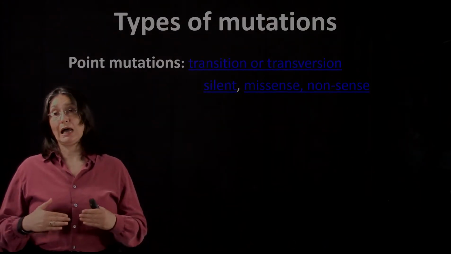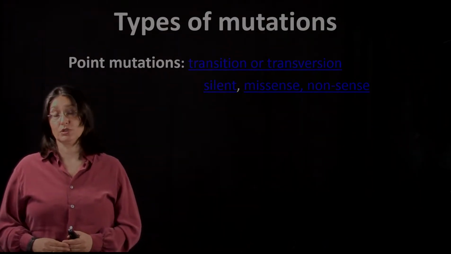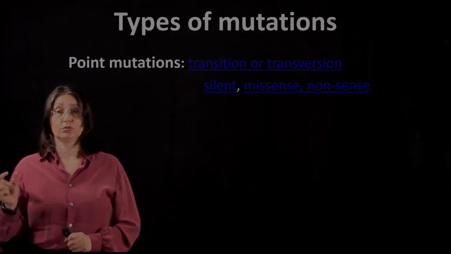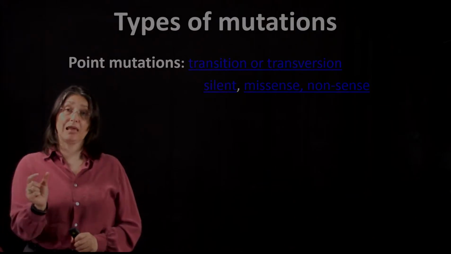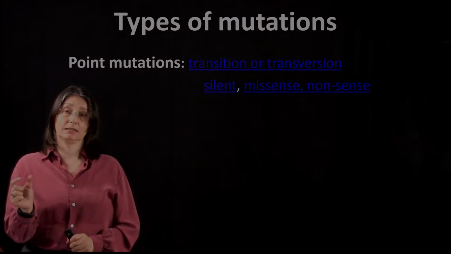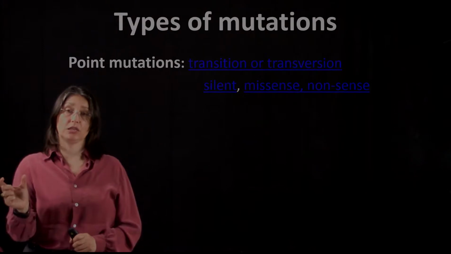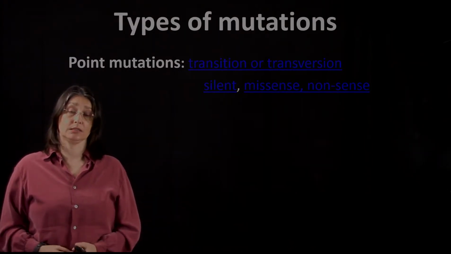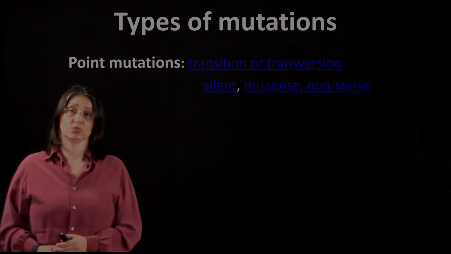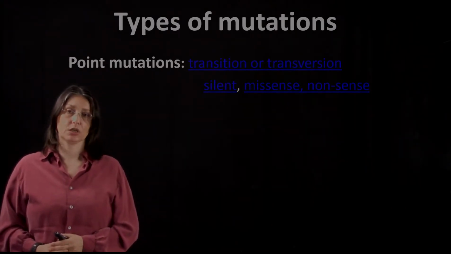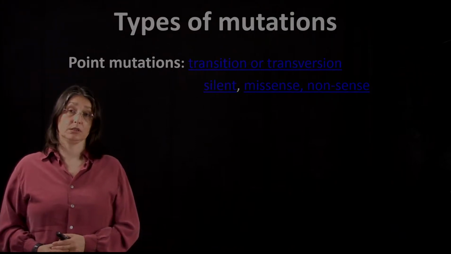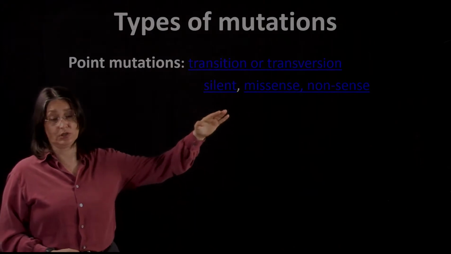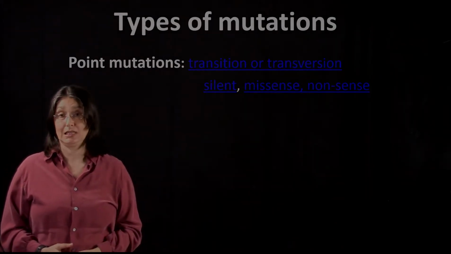Now, according to how natural selection sees this mutation, according to what will happen to the protein that the changed gene codes for, how the sequence of amino acids will be changed, how dramatic the change would be, we deem that mutation a silent mutation, a missense or nonsense.